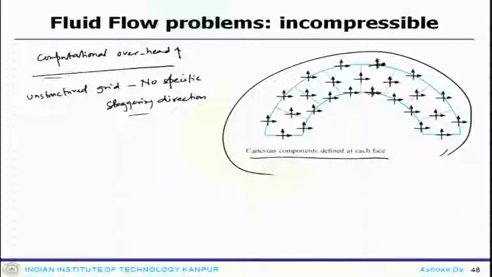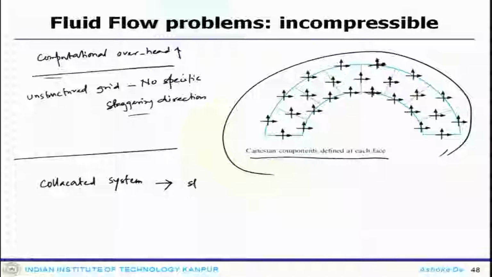Now, when you see all these advantages and disadvantages, or rather the pros and cons of all these, it turns out that the collocated grid system is quite attractive. A collocated system where everything is stored at the cell center is found to be quite attractive, and that is why a lot of CFD codes based on finite volume prefer to use a cell centered collocated grid system.